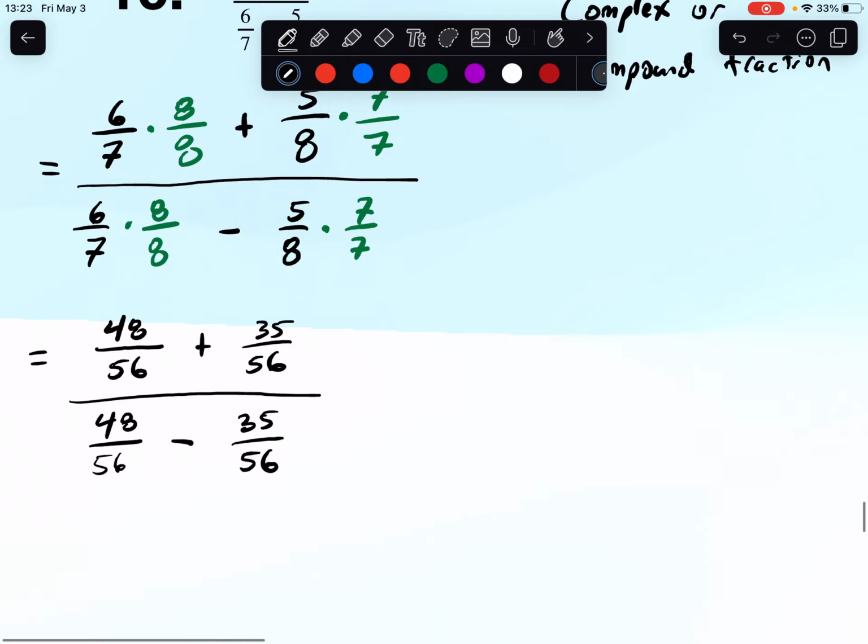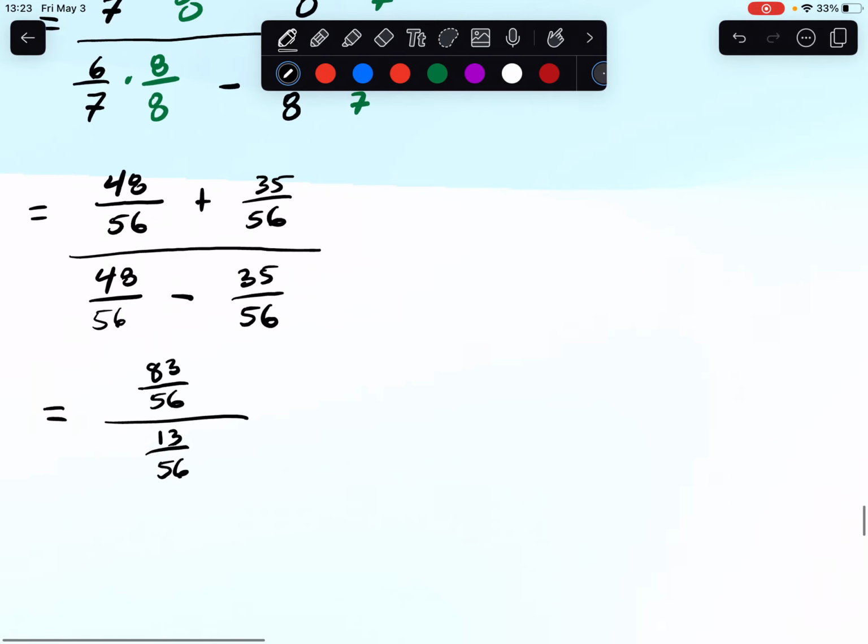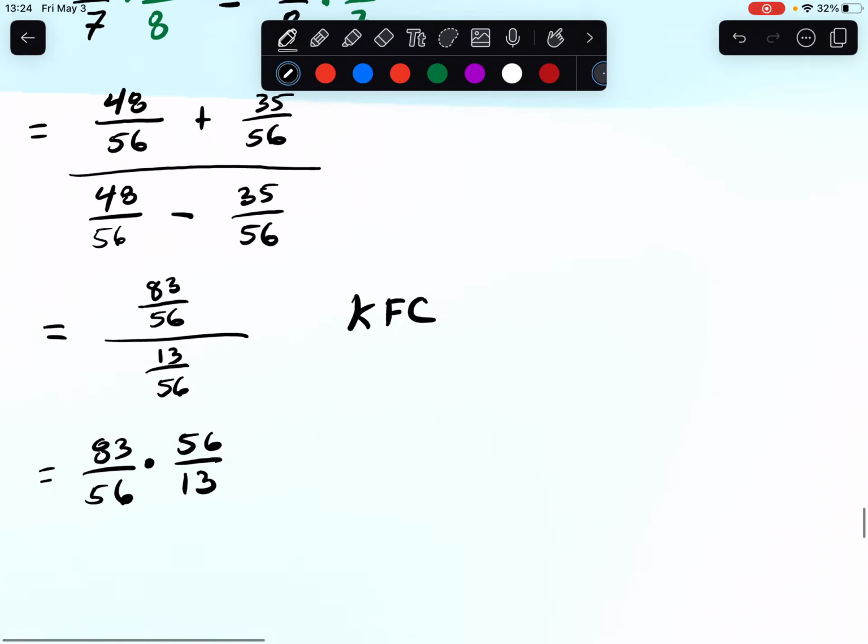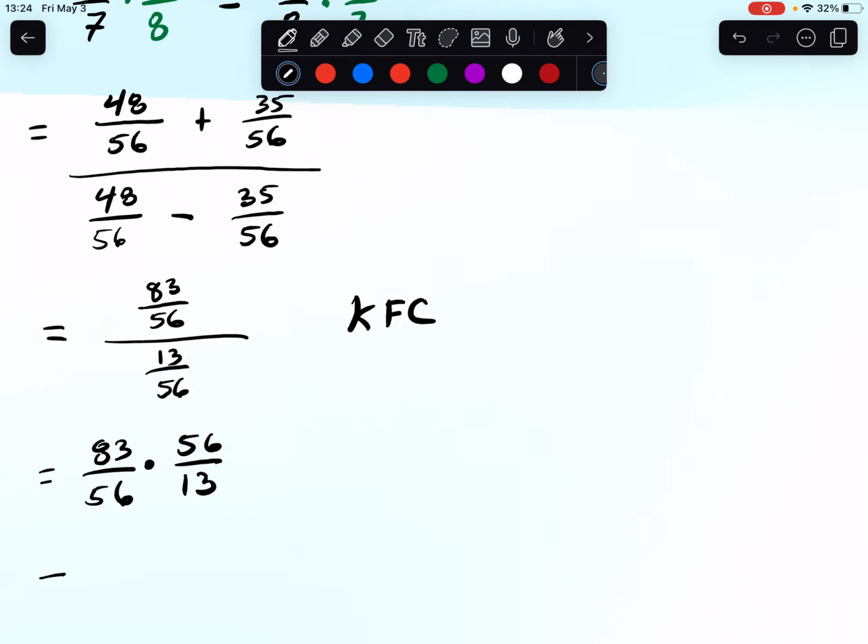Now it's going to get a little bit nicer. 48 plus 35 is going to be 83 over 56, divided by 48 minus 35, which is 13 over 56. And then we need to keep, flip, change, KFC. So this is going to be 83 over 56. We keep the top fraction, we flip over the fraction that we're dividing by, and we change the operation from division to multiplication.